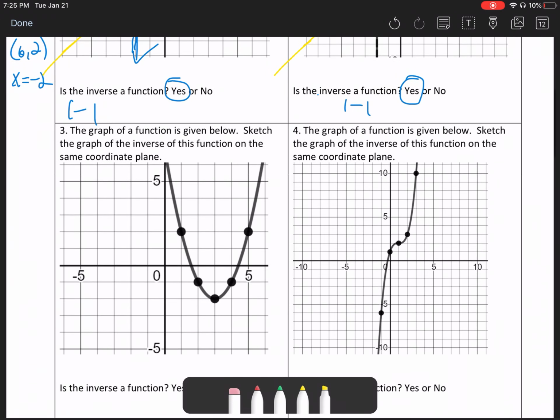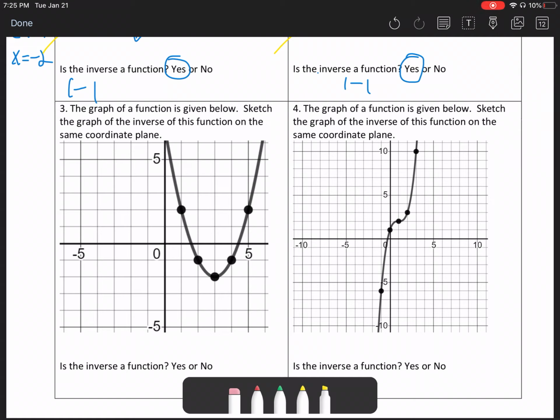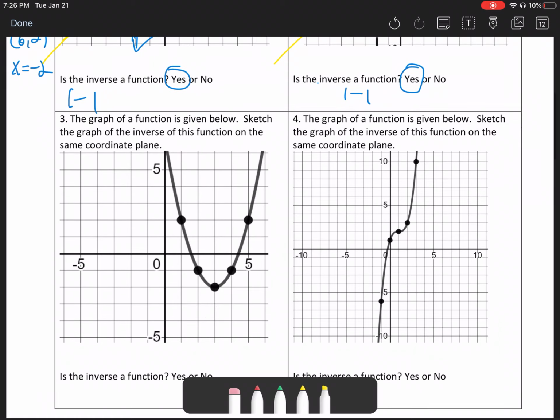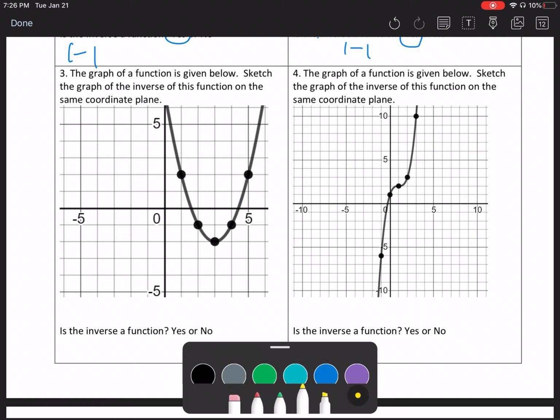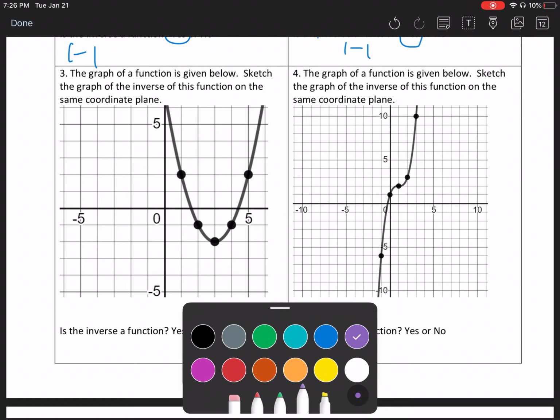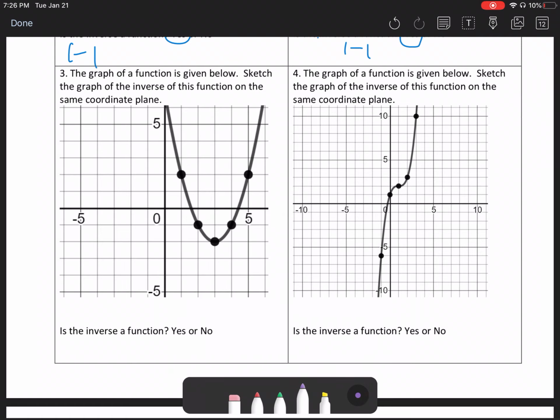So let's go down to the bottom ones. The graph of the function is given below. Sketch the graph. Okay, look at this. I know for this one, the inverse is not going to be a function. Although my original graph does pass the vertical line test, it does not pass the horizontal line test.